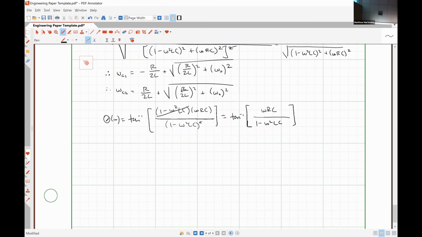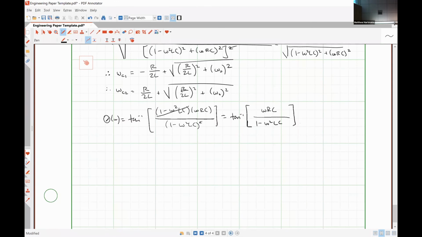So we can see that looking at the band stop filter and the band pass filter, their responses are very, very similar, except they wind up being inverted. They have the exact same resonant frequency, they have the exact same corner frequencies, and the phase angle response is literally the inverse relationship.